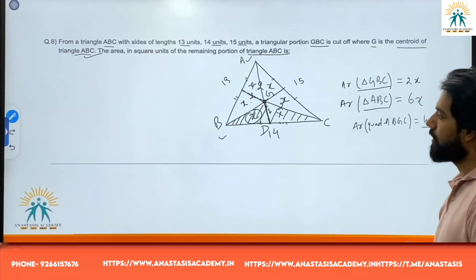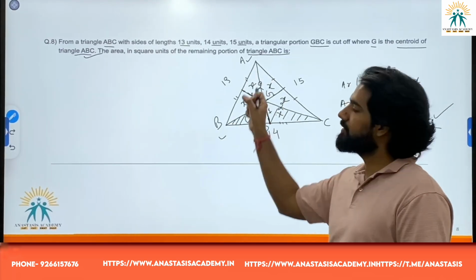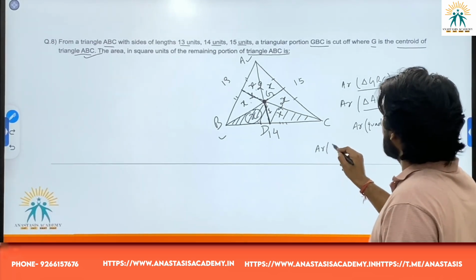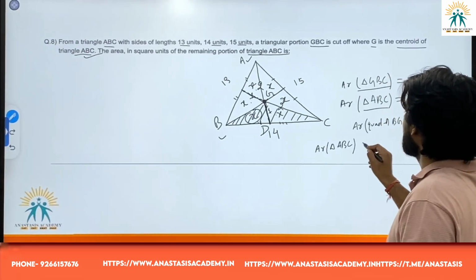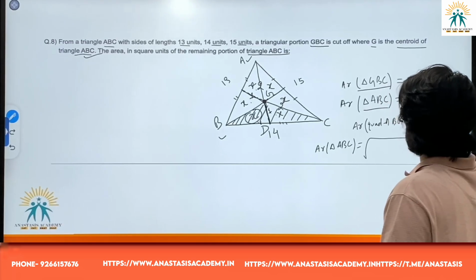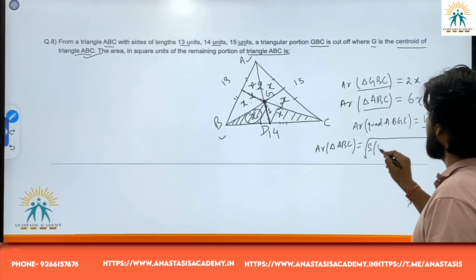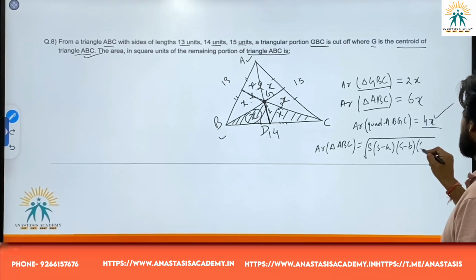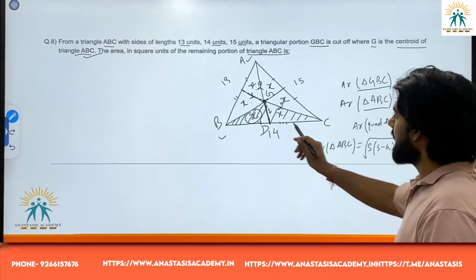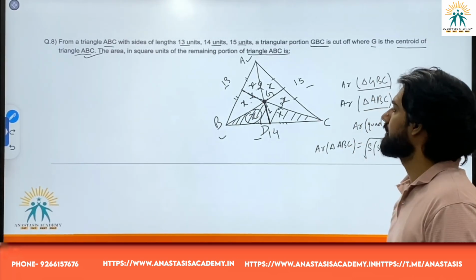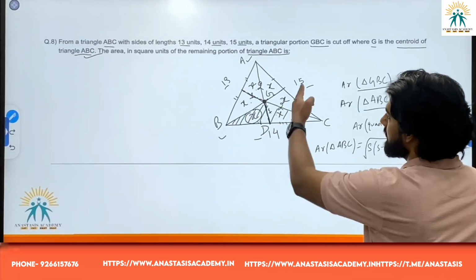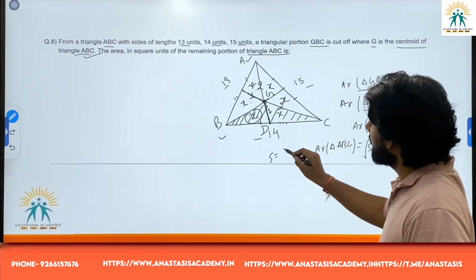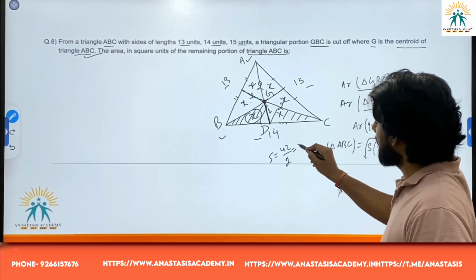Now, using Heron's formula, I can find the area of triangle ABC because all three sides are given. Heron's formula: area is the square root of s times (s minus first side) times (s minus second side) times (s minus third side). The sides given are 13, 14 and 15. The sum is 27 plus 15, 42. So the semi-perimeter would be 42 by 2, that is 21.